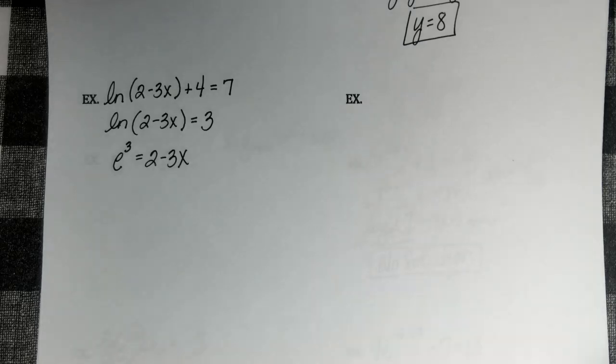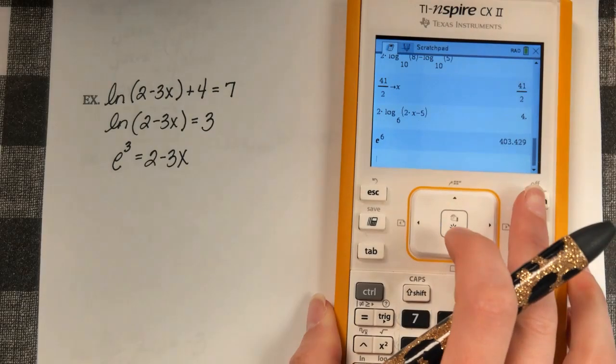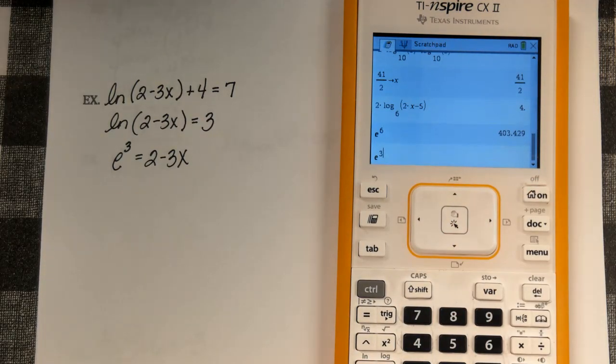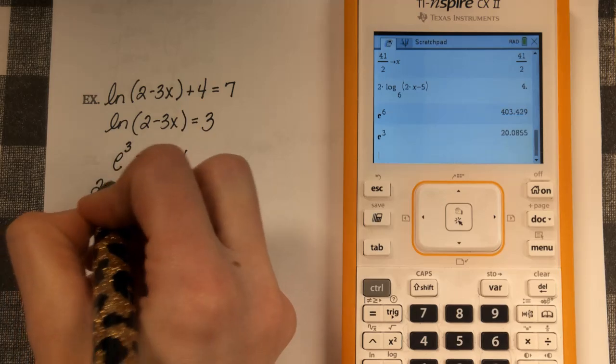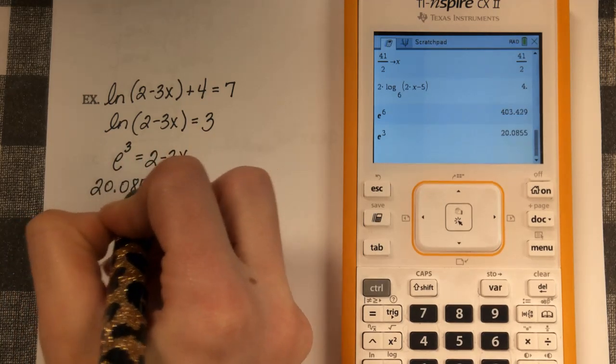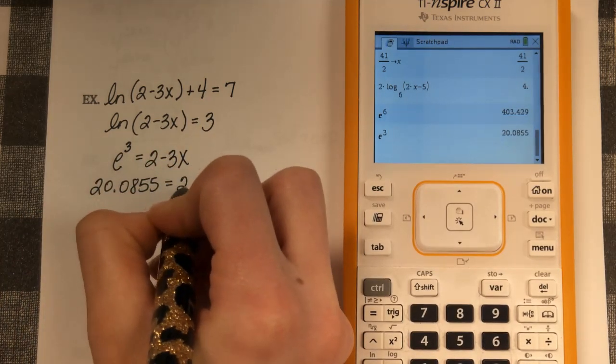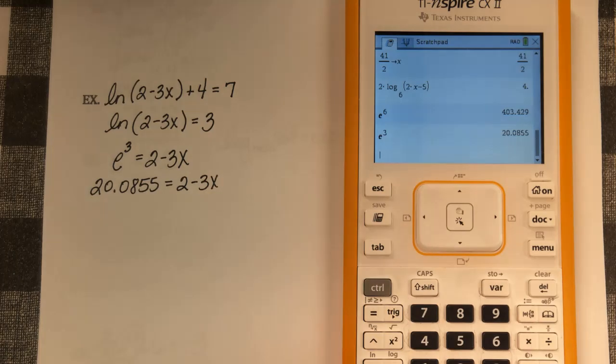So then I have e to the 3rd power, which is 20.0855 equal to 2 minus 3x. And then if I just have a decimal there, what do?